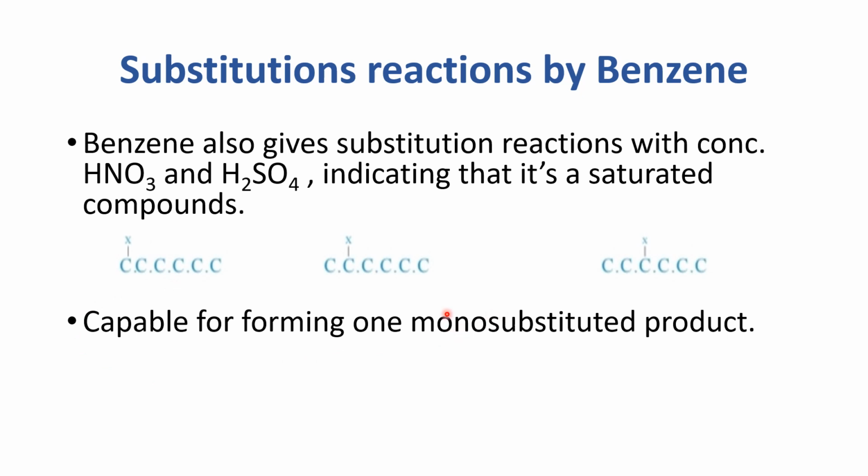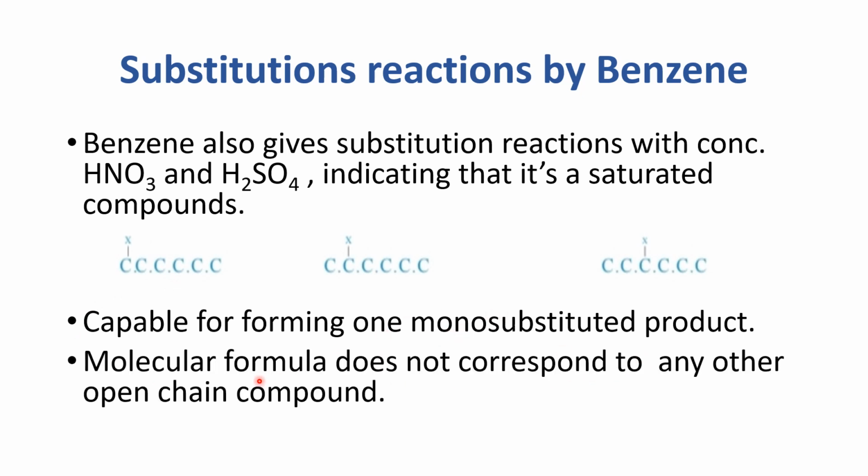It is capable of forming only one monosubstituted product. Its molecular formula doesn't correspond to any other open chain compound. अगर आप इसका molecular formula देखें तो it should make at least 3 monosubstituted products, लेकिन ये सिर्फ एक monosubstituted product बनाती है.